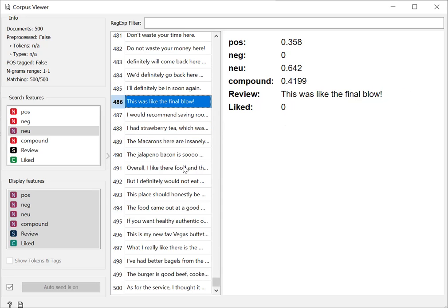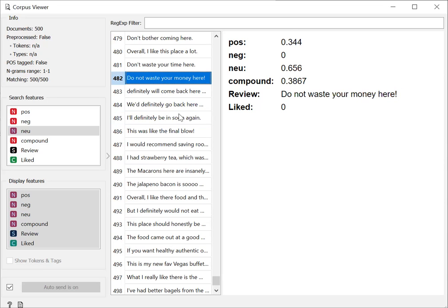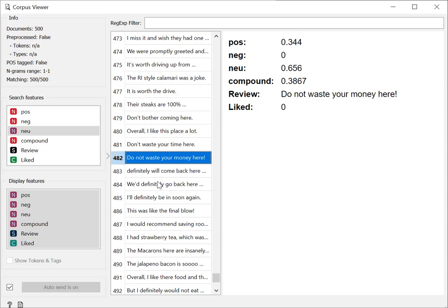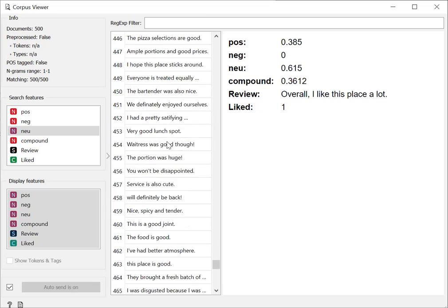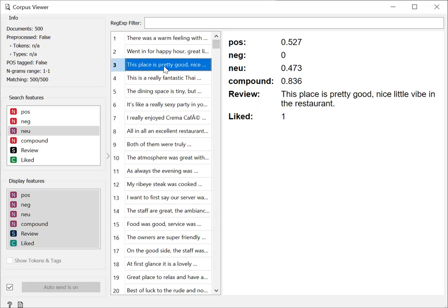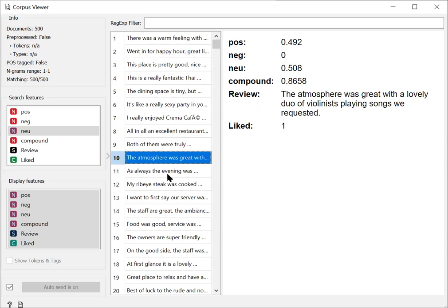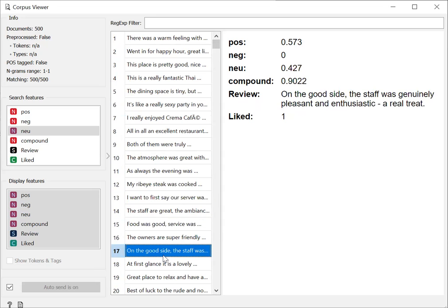This would be like the final blow. Negative. Do not waste your money here. Yeah, we can see some negative comments here. However, from the beginning, all of them are positive. As you can see here, like one means positive.